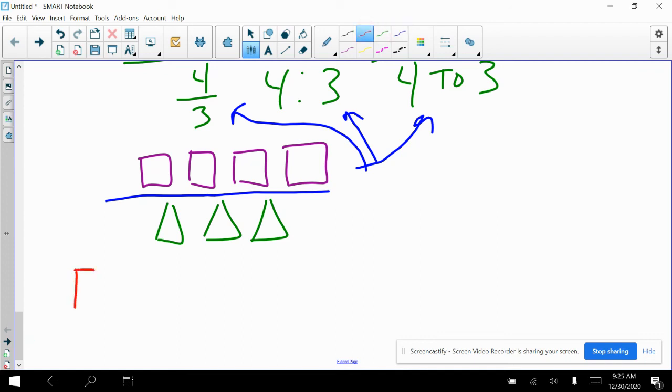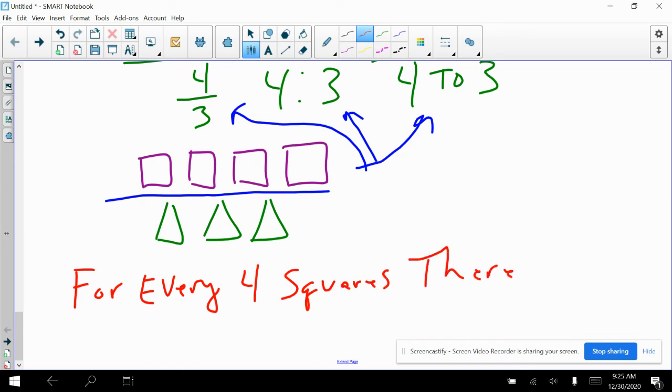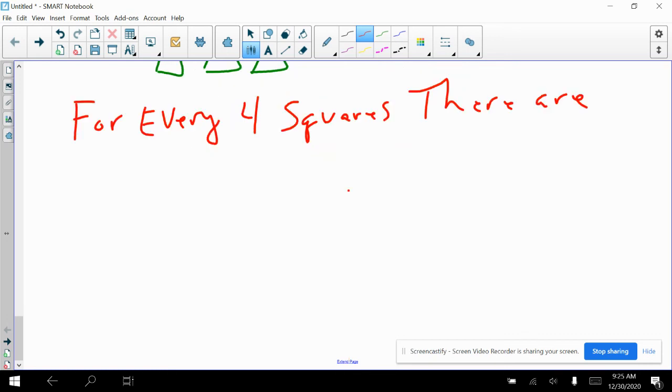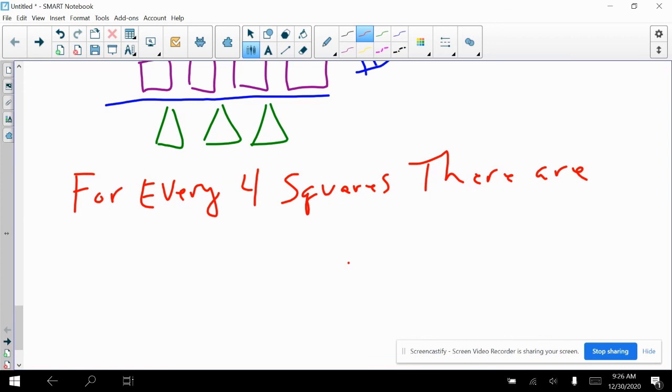You would write, for every 4 squares, there are 3 triangles.